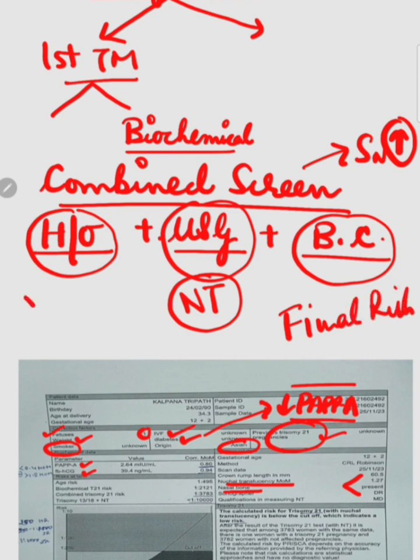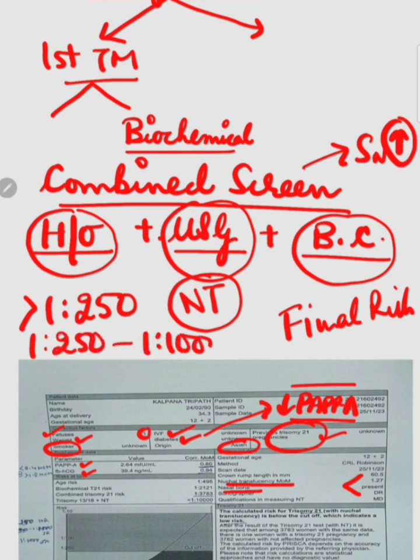If the final risk is more than 1:250, then it is high risk for aneuploidy. Always remember, if it is between 1:250 and 1:1000, then it is intermediate risk. And if it is less than 1:1000, then it is low risk of aneuploidy.